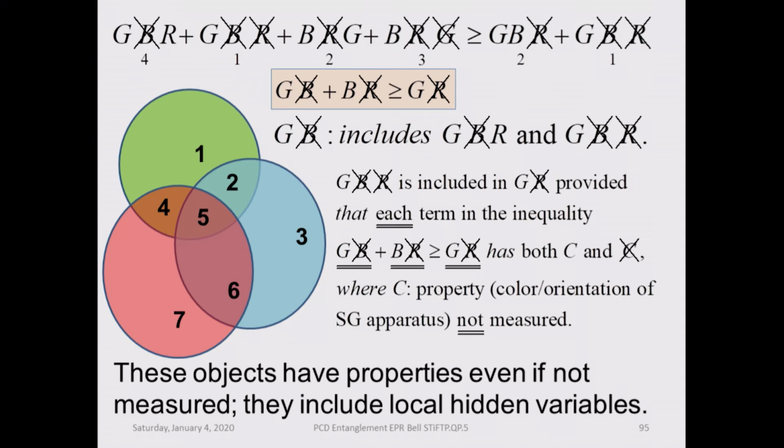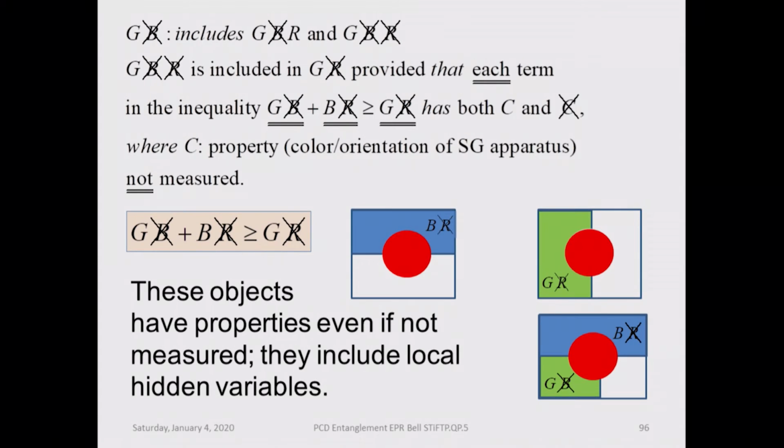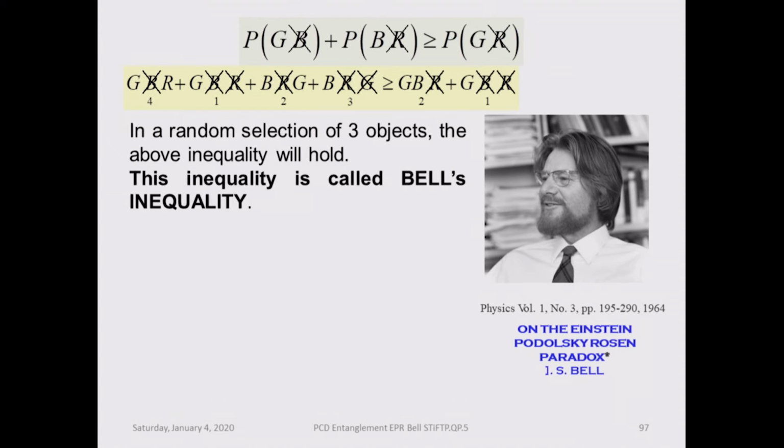And we are referring to properties which exist whether or not you measure them. So, this is the inequality that we are going to deal with. So, now I think the whole Bell's inequality is now clear in your mind, right. So, this inequality is what is called Bell's inequality, meaning we have simplified the discussion.